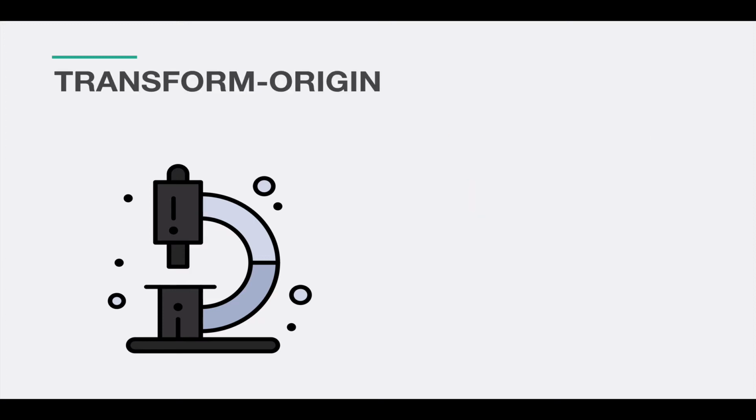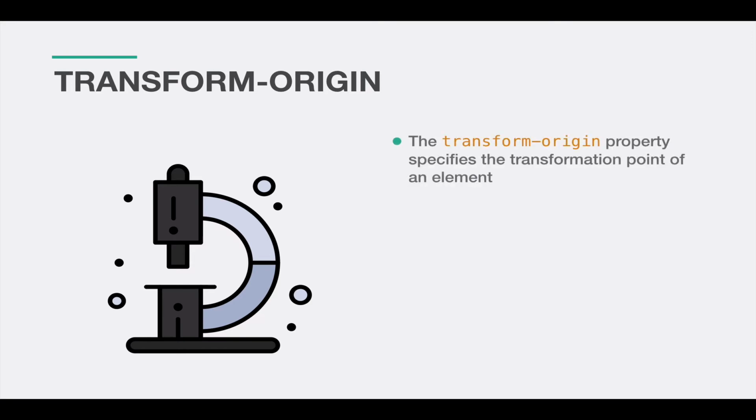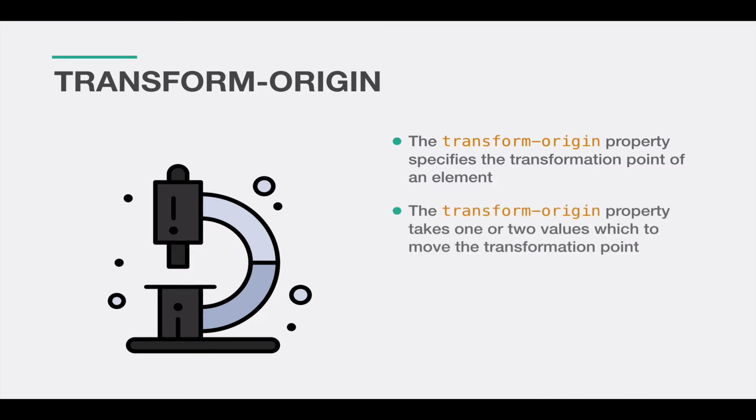All right, so before we get into actually talking about the transform functions, we need to talk about transform origin. The transform origin specifies the transformation point of an element. So some of our functions rely on this transformation point. We can adjust the point of the transformation using the transform origin property.